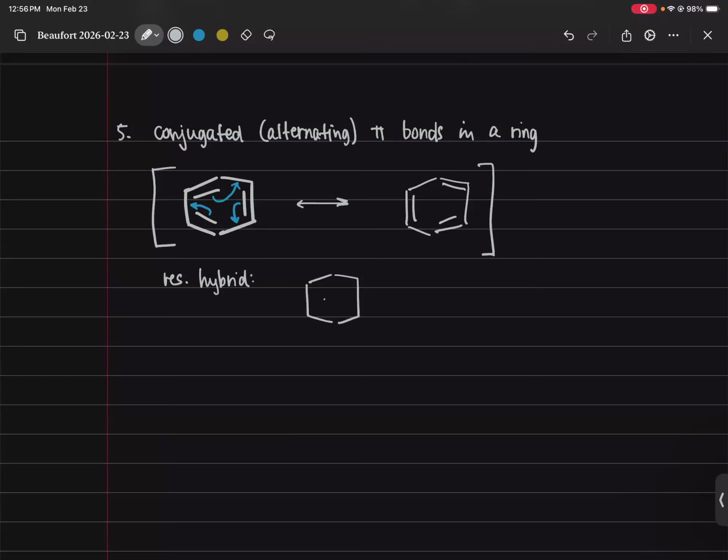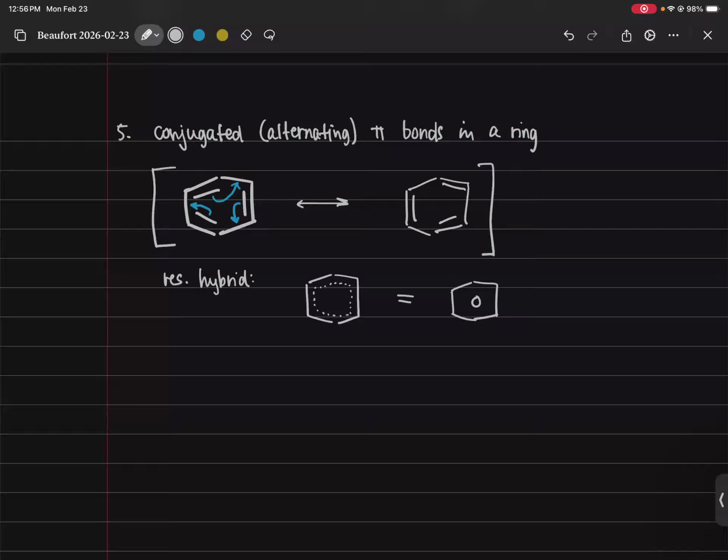So if we draw our dotted lines, we would do it kind of like this. But in practice, and you may have seen this before, we often kind of cheat and just draw a hexagon with a circle in the middle. And that also means benzene.